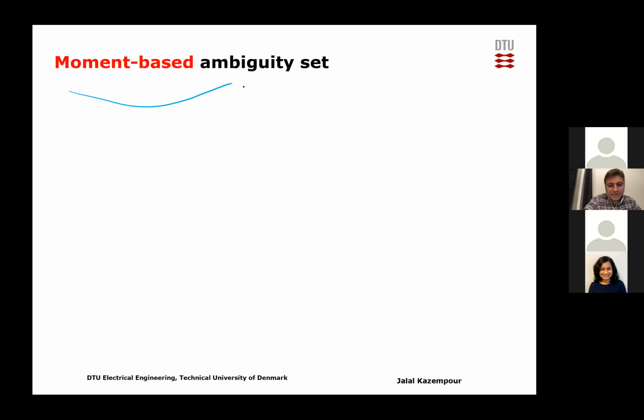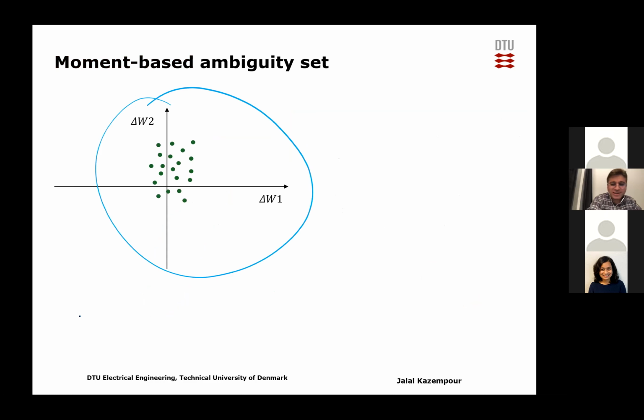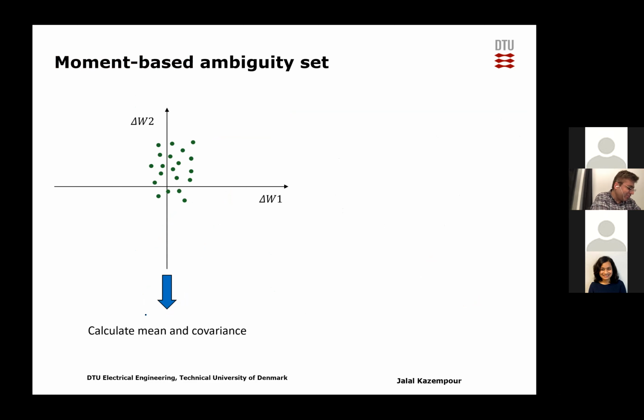The other way that we can build an ambiguity set is a moment-based ambiguity set. So again, this is your historical data, right? You calculate the moments. The first order moment is the mean. The second order moment is the covariance. The third is, I don't know, skewness, whatever.